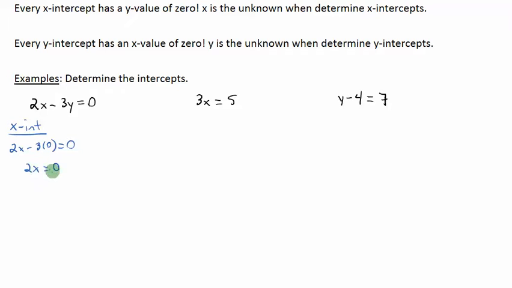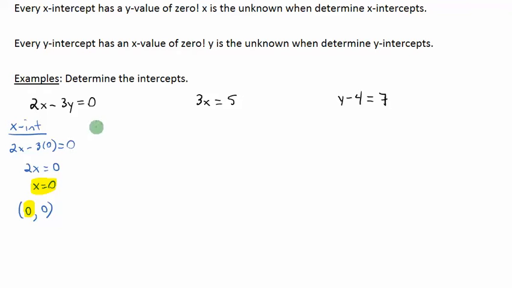And then if I divide both sides by 2, I get x equals 0. So that means my x-intercept is the ordered pair where x is 0, because I just figured out that x is 0. And my y value is also 0, because on an x-intercept, y is always 0.